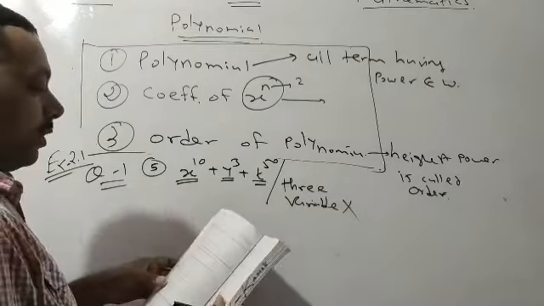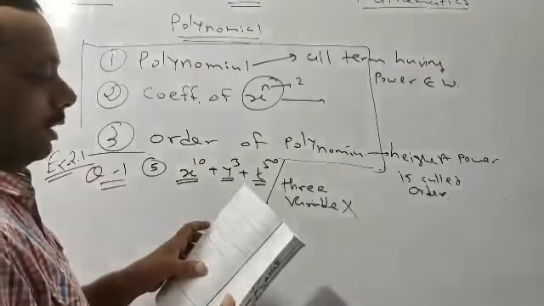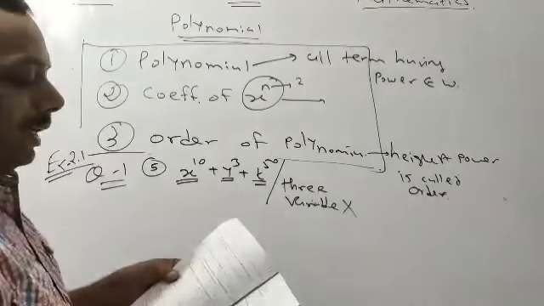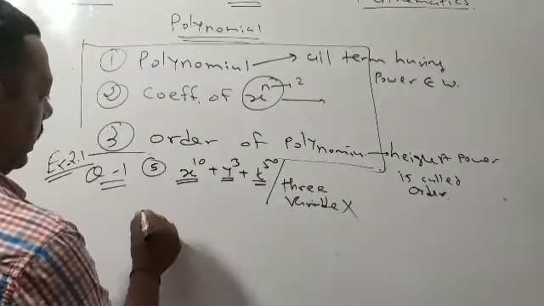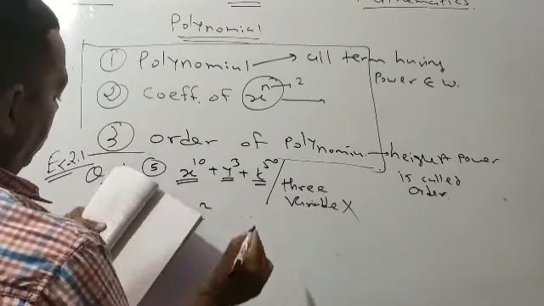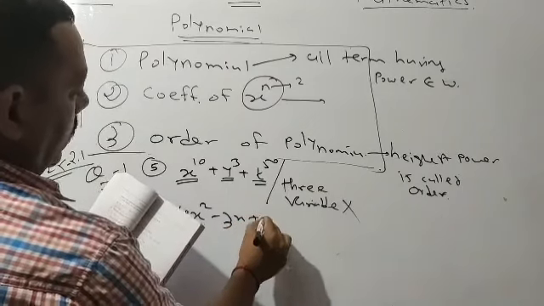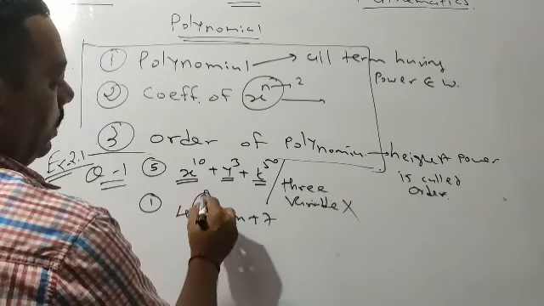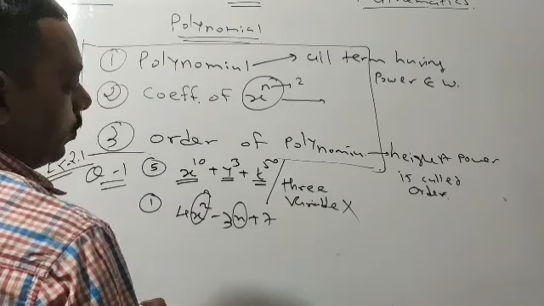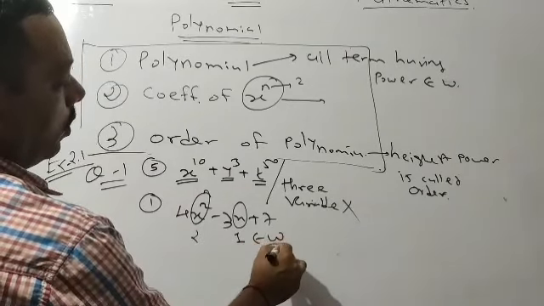Is this clear? Now, the first question is a polynomial because only x is present, and in this expression, 4x square minus 3x plus 7, the power is 2. Here power is 1. So this 2 and this 1 belong to whole numbers.